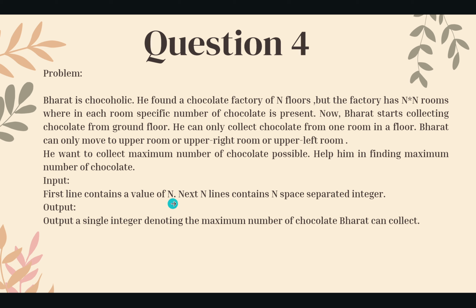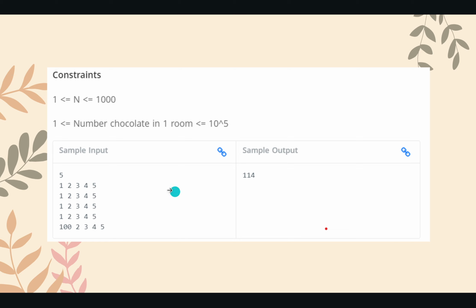First line consists of the n value, that is an n into n matrix, and the next n lines consist of integers, and as output you should give the maximum number of chocolates that Bharat has collected. You can get a clear idea when you see an example. See, this is the n value, that is an n into n matrix, and the numbers denote the number of chocolates in each room.